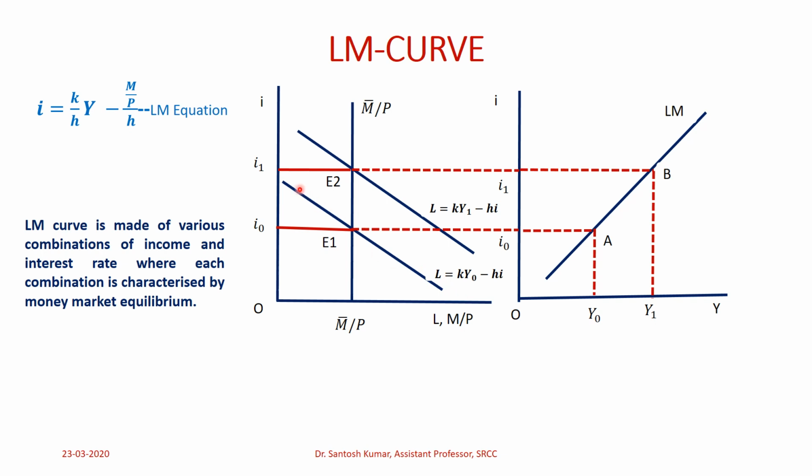So given this money demand line, where is the equilibrium? The equilibrium will be where the money demand line intersects the money supply line, right? And it is at point E1 where money demand is equal to money supply, and therefore this is the rate of interest which clears the money market.